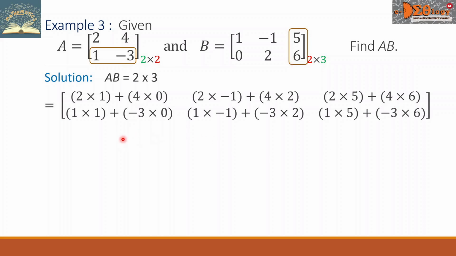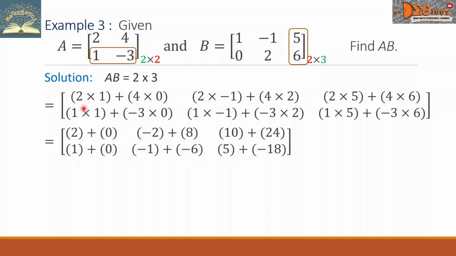Then we simplify the products respectively. We have 2 plus 0, negative 2 plus 8, 10 plus 24, 1 plus 0, negative 1 plus negative 6, 5 plus negative 18. Then we combine the sum. 2 plus 0 is 2.